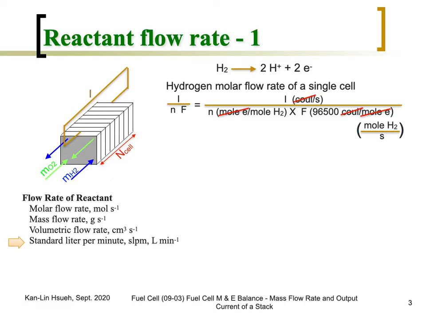For a stack, usually the hydrogen will be equally distributed into each single cell, but the output current still will be the same, I, not changed at all. But what is the benefit of stacking so many single cells together? The point is that it increases the output voltage.